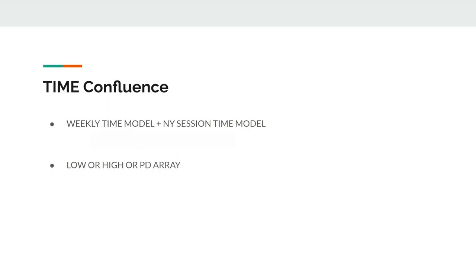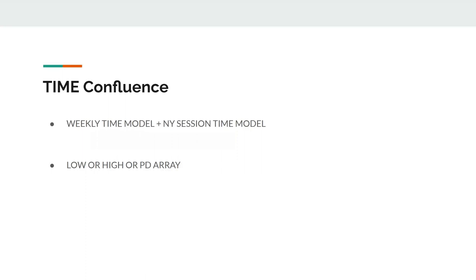And you know the time confluences with each other. You know Ash Wednesday has a confluence with Model 110. Icarus, for example, has a confluence with Model 1001. And this happens throughout the entire week.